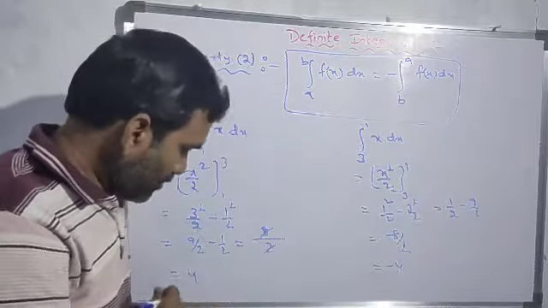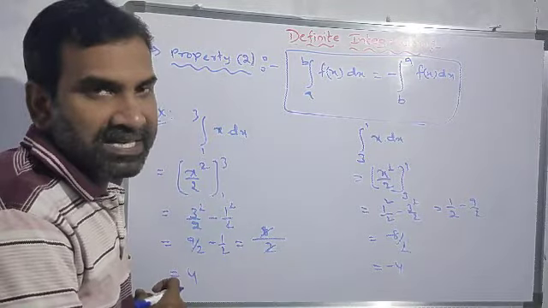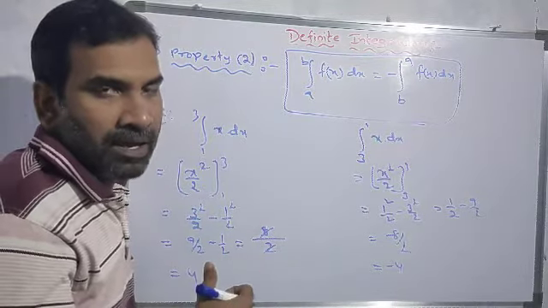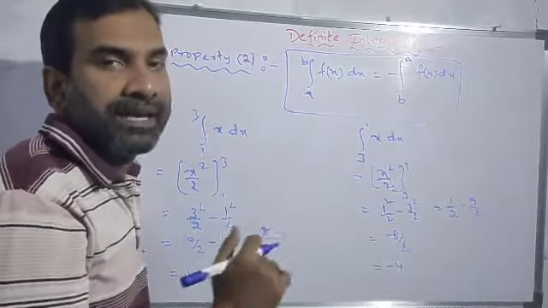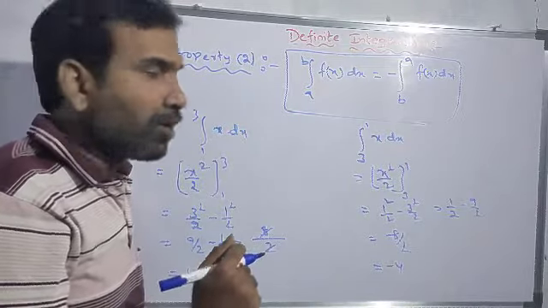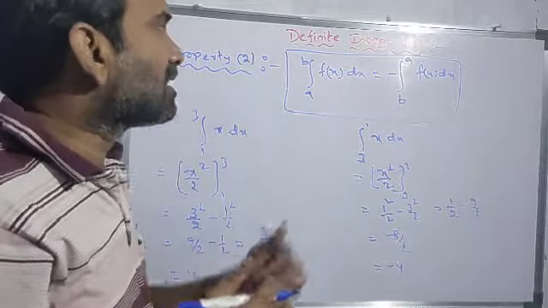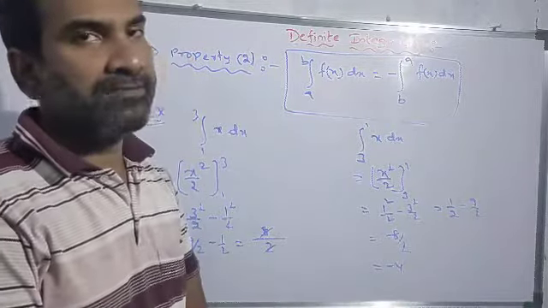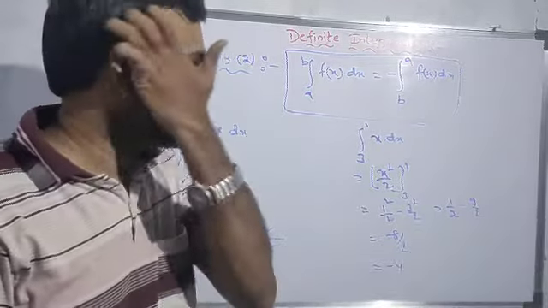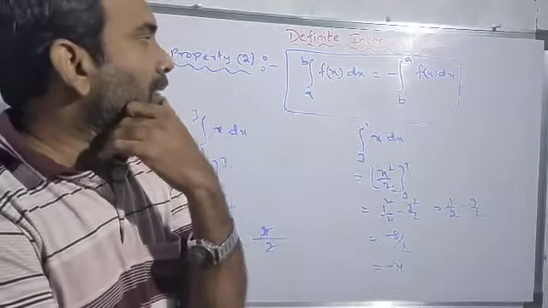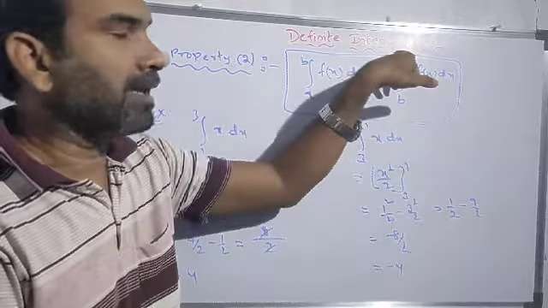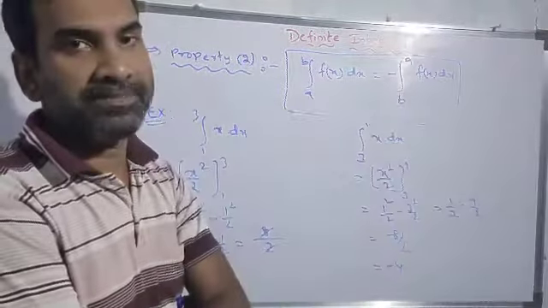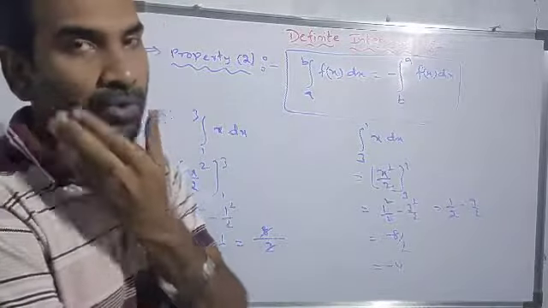Suppose our previous result is plus a, if we interchange that, we will get the result minus a. So this is property number 2: integral from a to b of f of x dx equals minus of the integral from b to a of f of x dx. This is property 2.